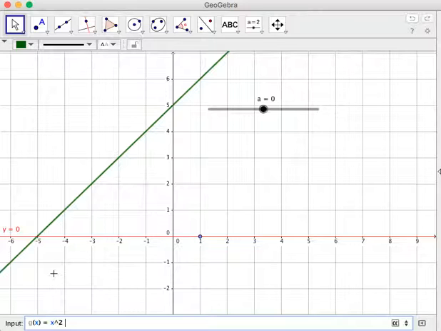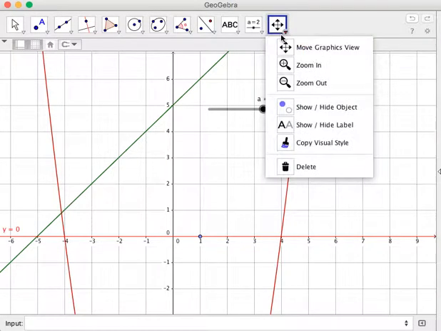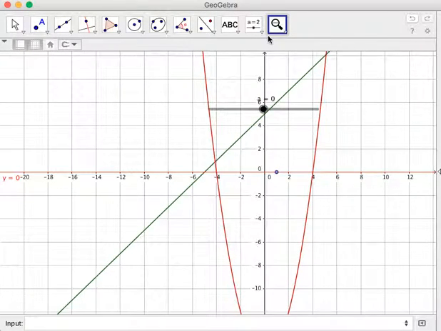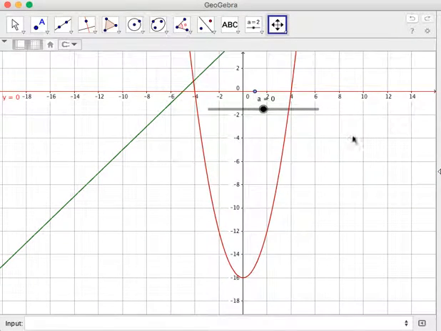Sabi natin, magpa-pass through siya sa 4 tsaka negative 4. This is a quadratic function and it passes through negative 4 and 4.